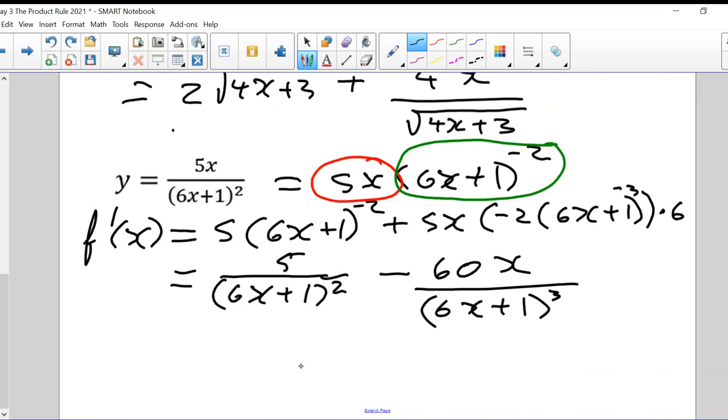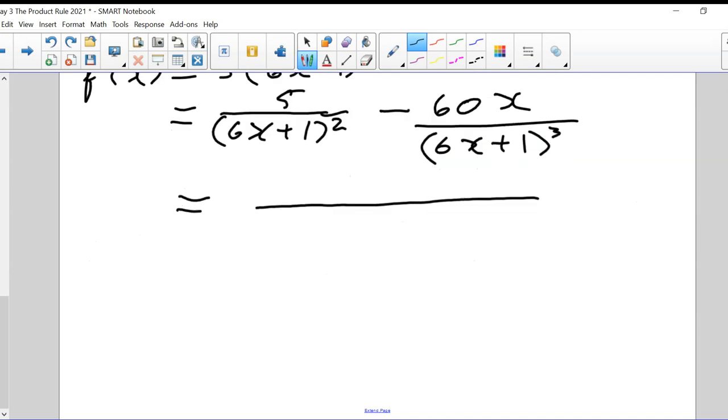My expectation is that you combine this into one denominator. The correct common denominator should be 6x plus 1 to the power of 3. When you see two denominators where they're both the same base raised to different powers, you look for the higher power.